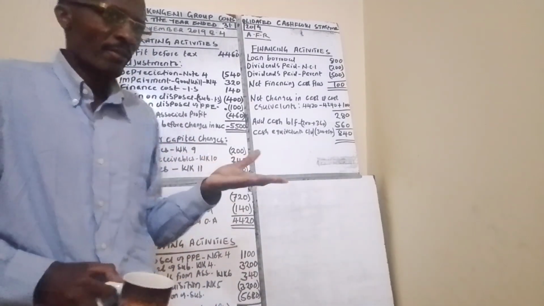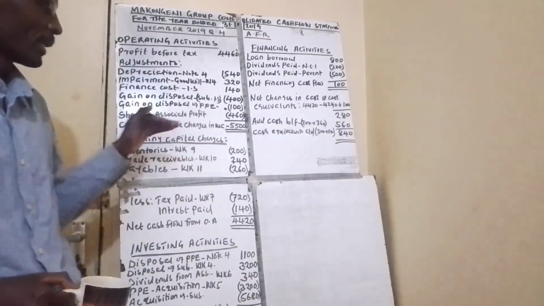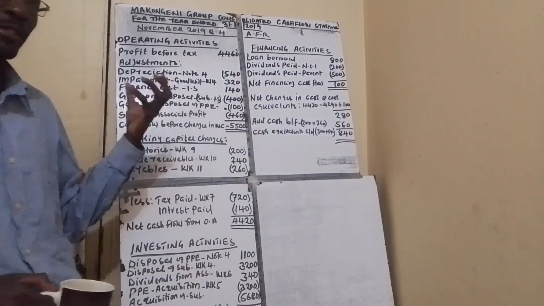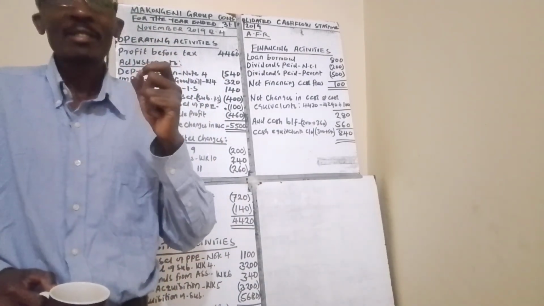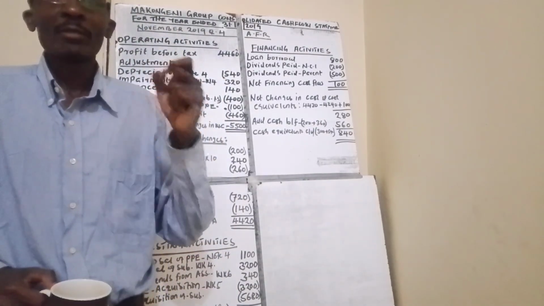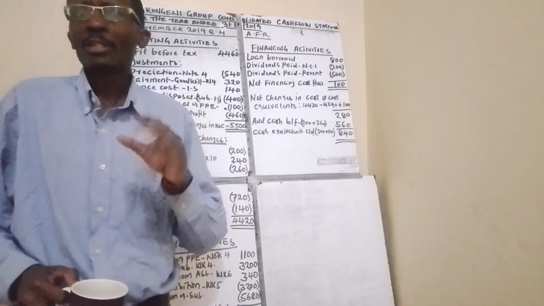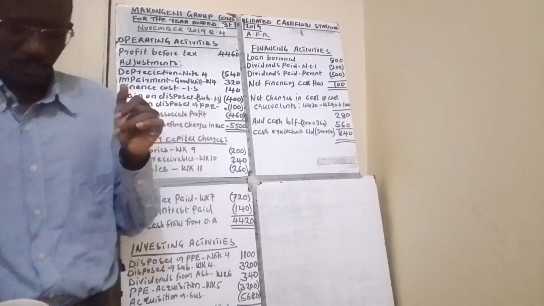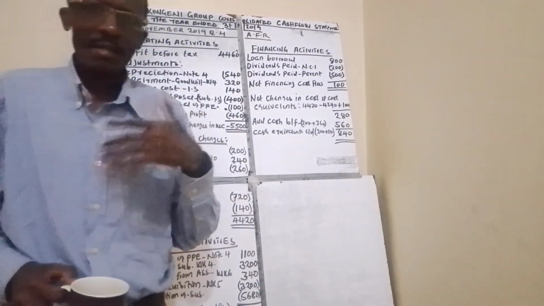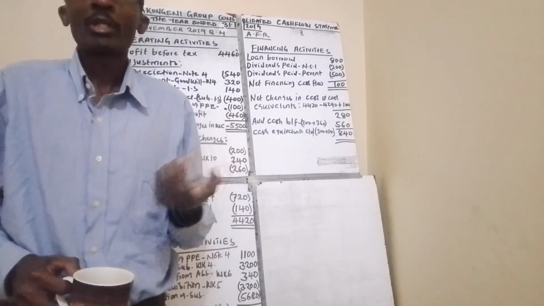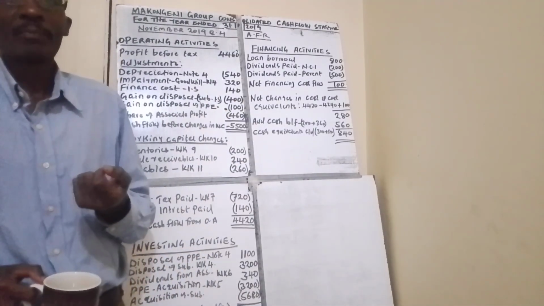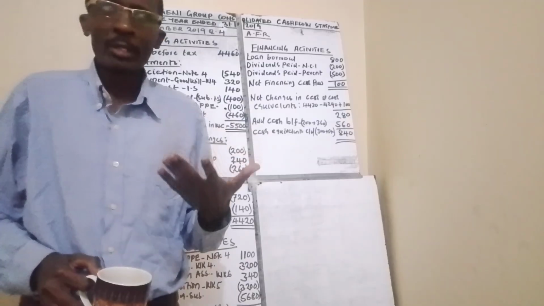Now, I advise that you prepare a T account, having in mind that assets have a debit balance. Increase in assets, you debit, and decrease in assets, you credit. Liabilities have a credit balance. Increase in liabilities, you credit, and decrease in liabilities, you debit.